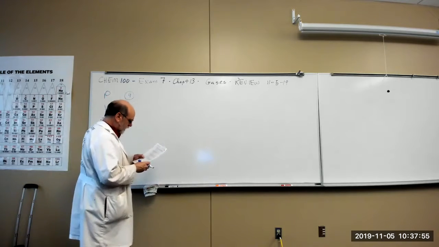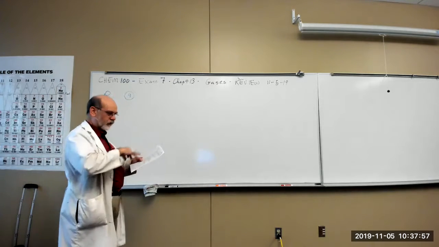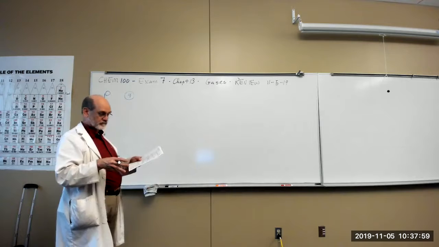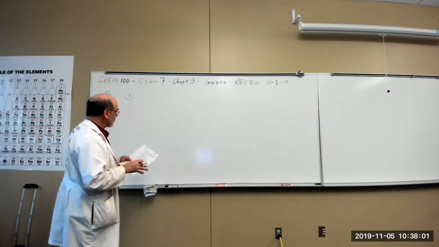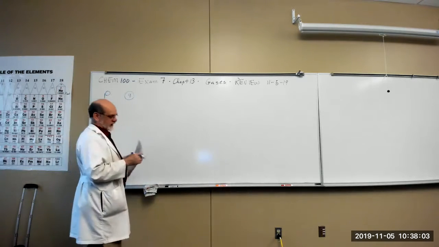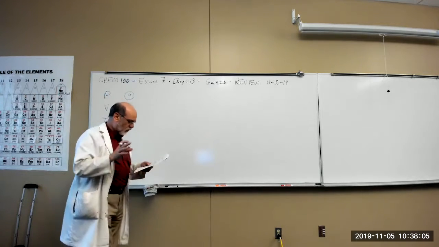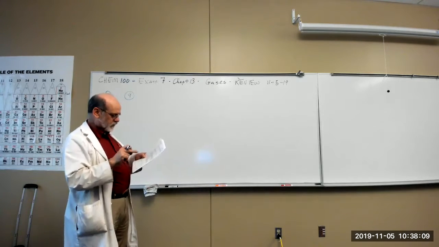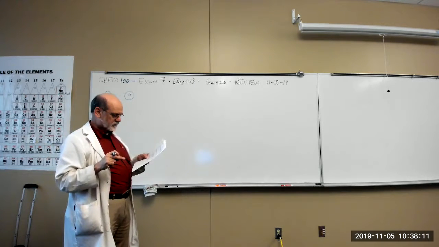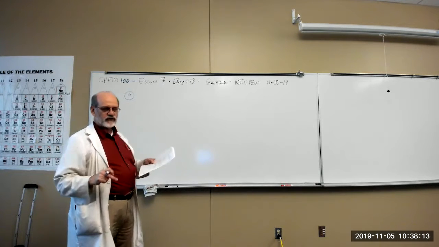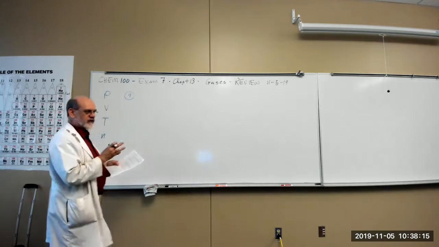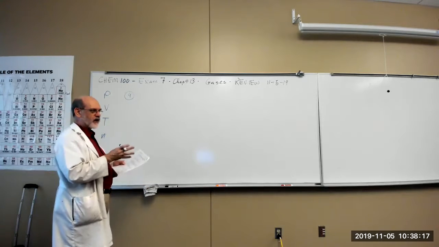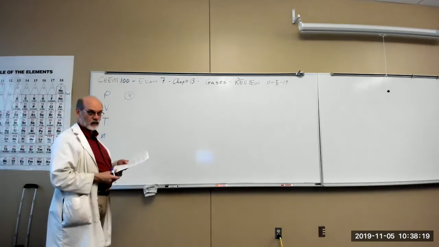So we're given conditions for a gas before and after, right? So that means we need the combined gas law, because why? We're changing the volume, we're changing the moles, we're changing the temperature, and we want to know the effect on the pressure. So we're changing three conditions, and we want to know how the pressure before and after are related to one another.